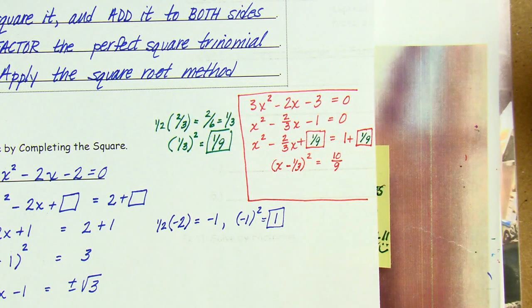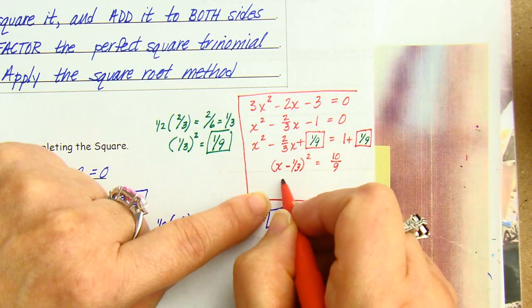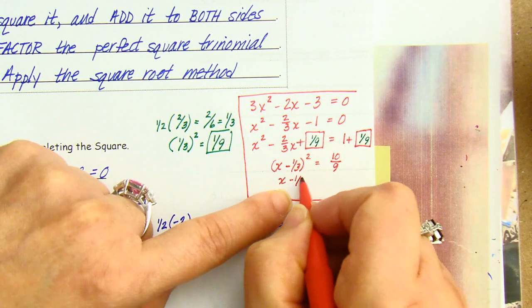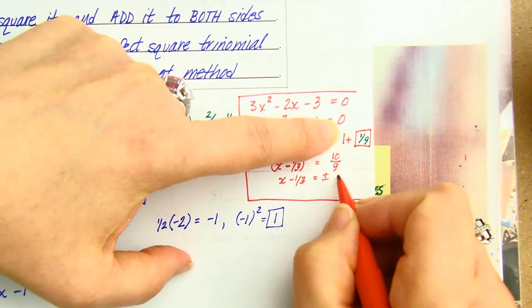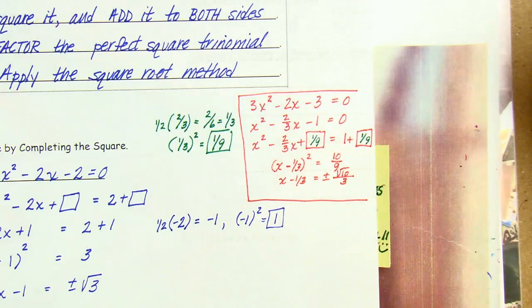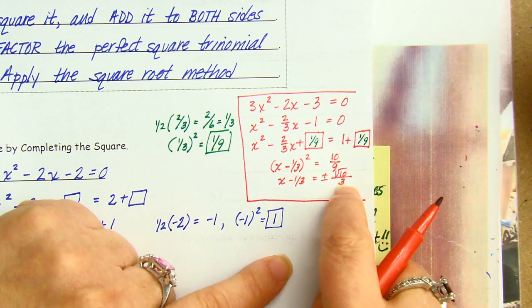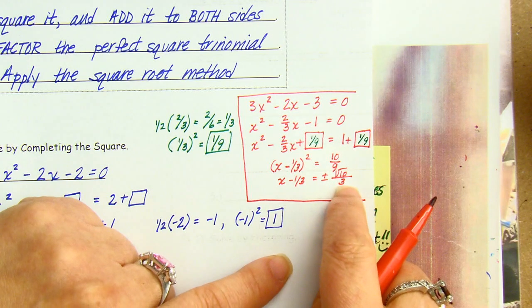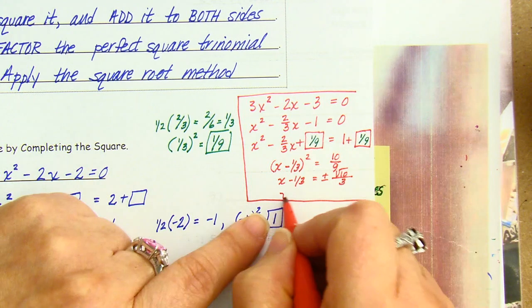Okay, and then I'm going to take the square root. So I got x minus a third equals plus or minus the square root of 10. I can't simplify it. The square root of 9 is 3. So I did the square root and the quotient rule at the same time. For these, if this would not be a perfect square, you would have to rationalize the denominator. So all these skills come into play. And then I'm going to take the 1/3 over.